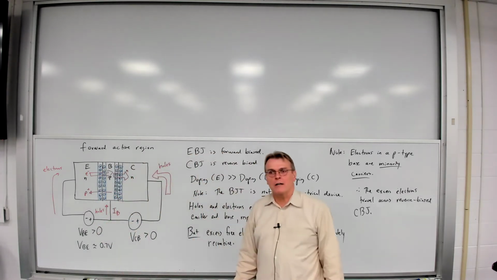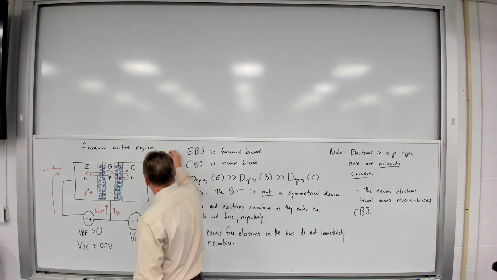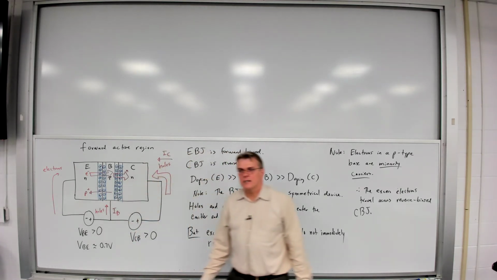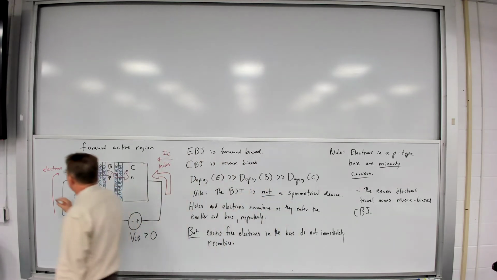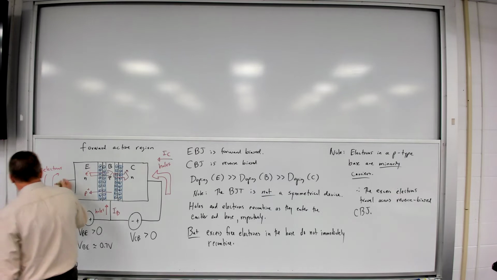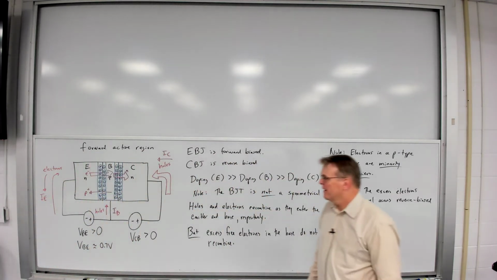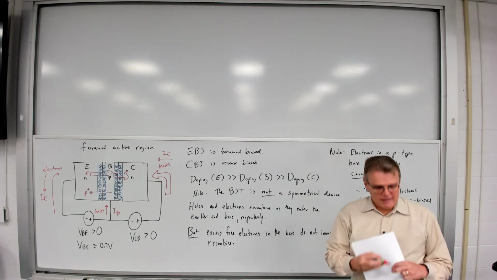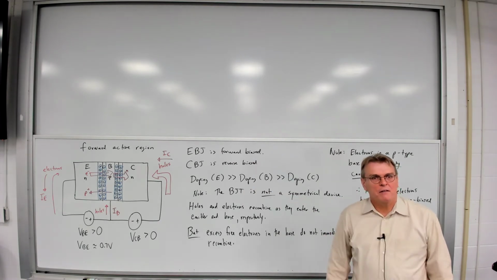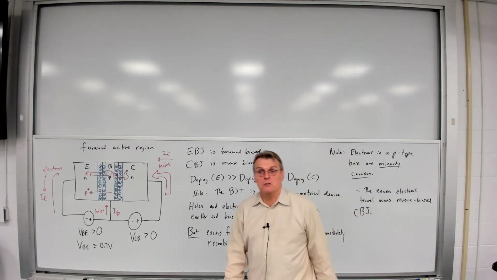There's your base current, I sub B. There's your collector current. Here's your emitter current. Emitter current is opposite the direction of electrons. And that is, in effect, how the bipolar junction transistor works.